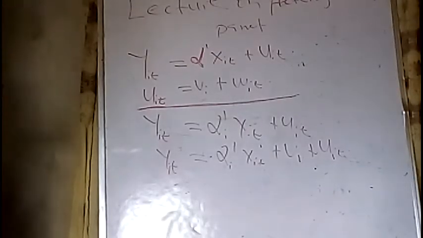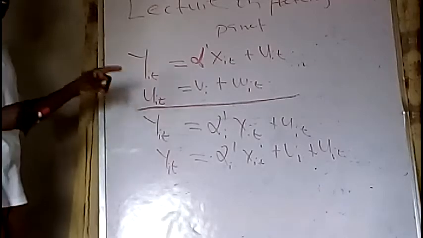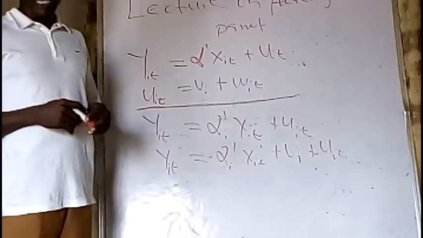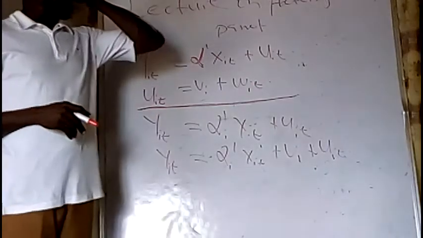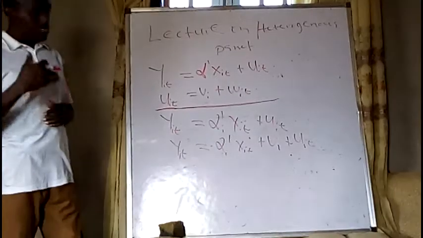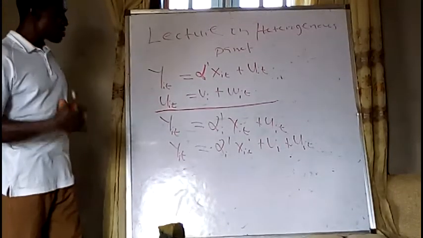In this instance, when the parameter carries a subscript i, that's an indication that the parameter is not identical across entity, meaning that it varies across entity.